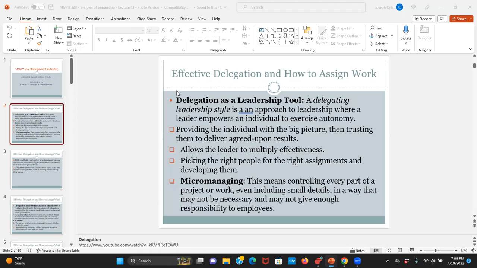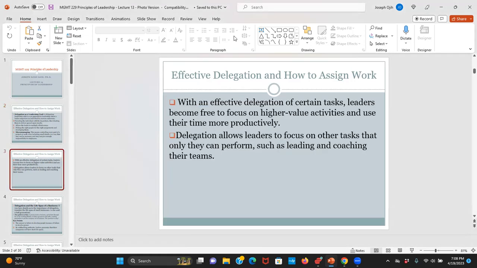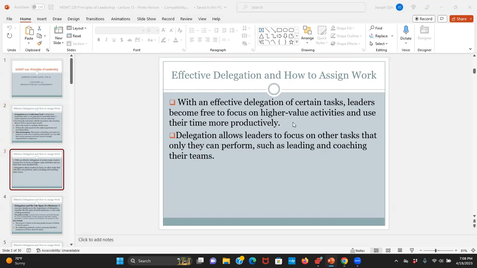In other words, when leaders delegate certain tasks to others, they become free to focus on higher value activities and use their time more productively.